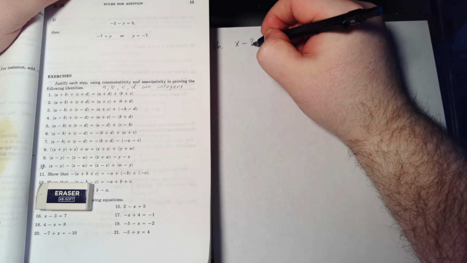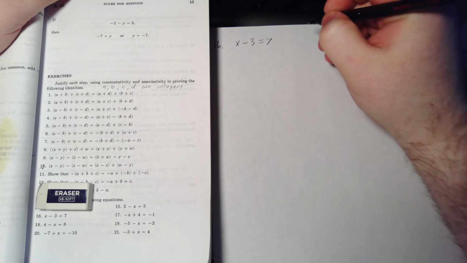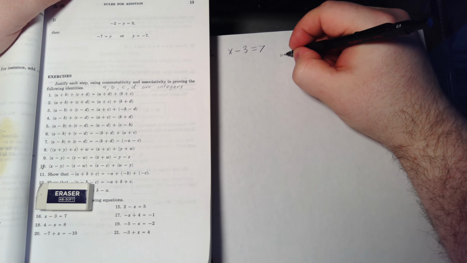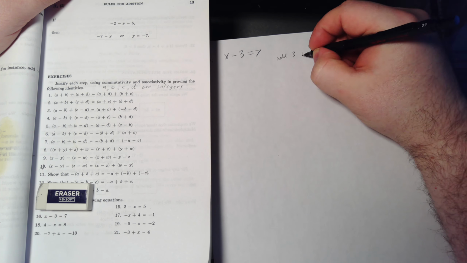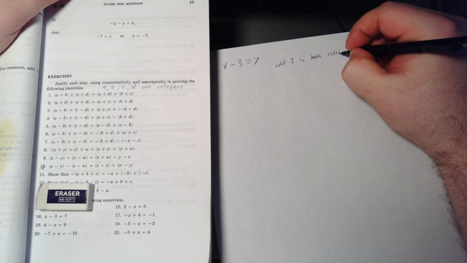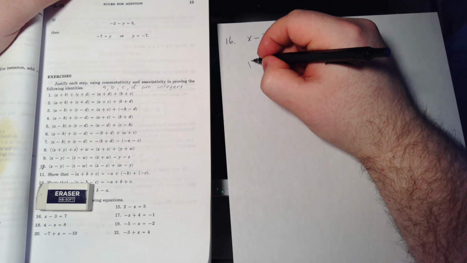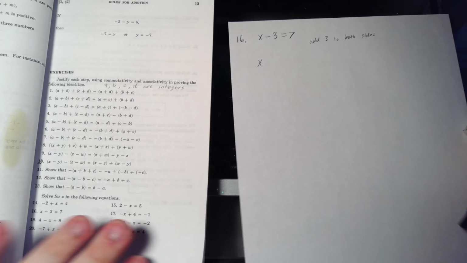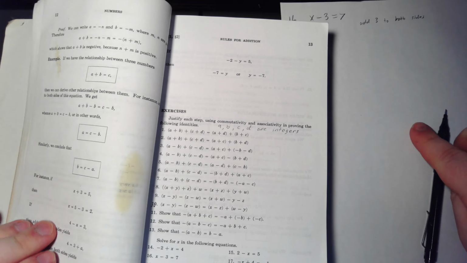x minus 3 equals 7. And let's add 3 to both sides. Wait, isn't there a thing here? No, it's later on.